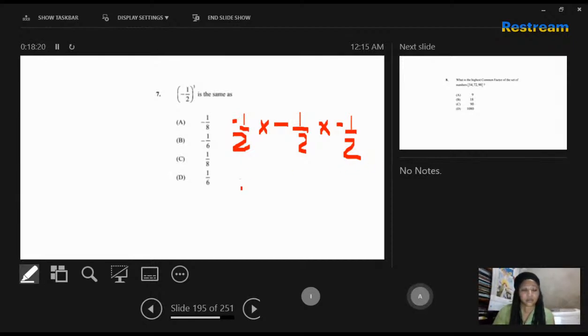The power is an odd number, so you put back the negative, and then you multiply the top number, 1 cubed, which is 1, and cube the bottom number, and you get 8. So the answer is negative 1 over 8. Okay.